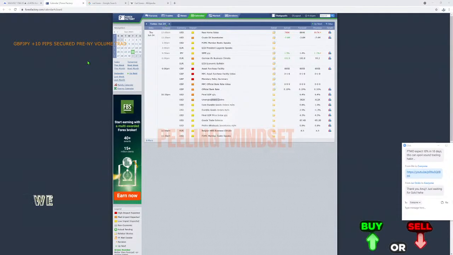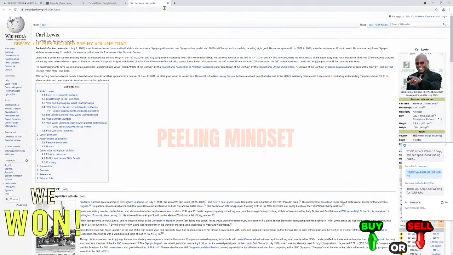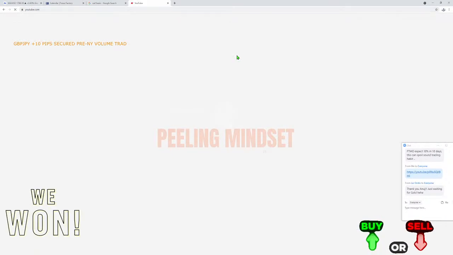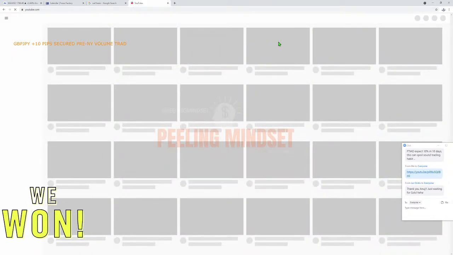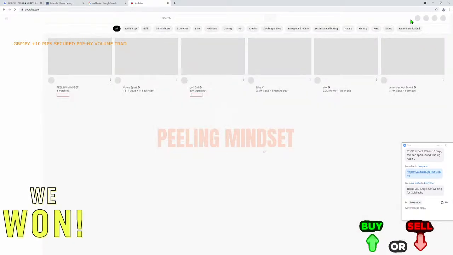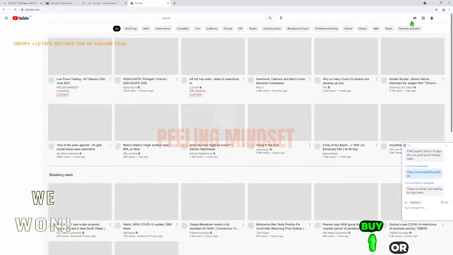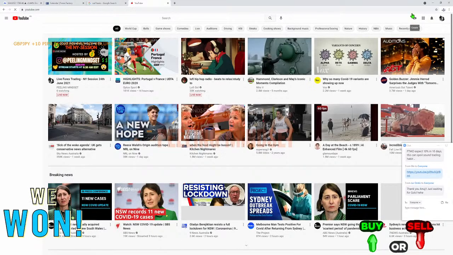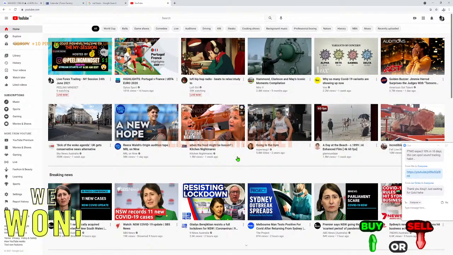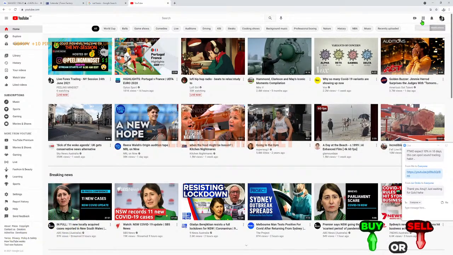I think from around March, I actually upped my lot. I doubled my lot size from around the middle of March, and that was pretty good. March was pretty good.